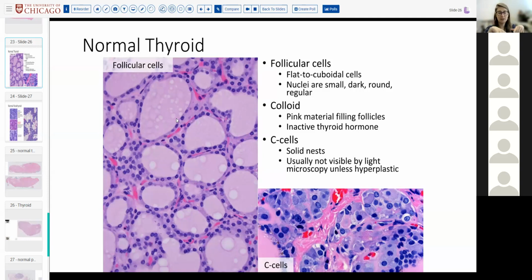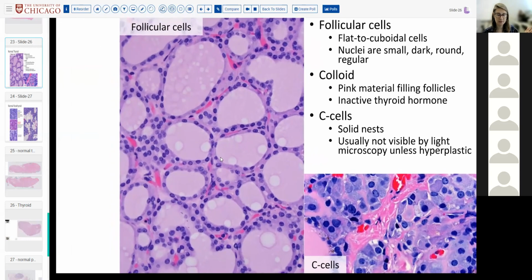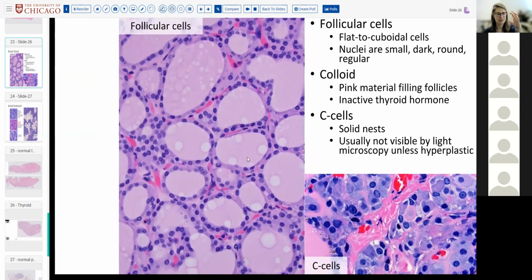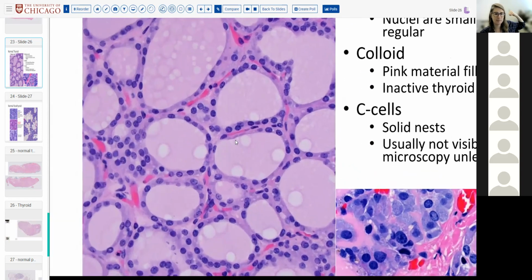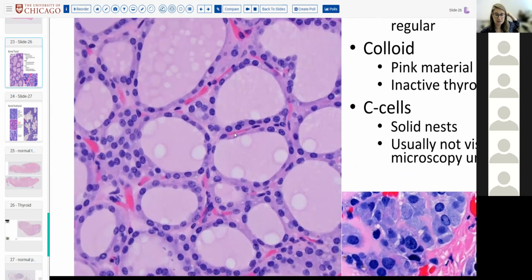So metabolism and serum calcium levels. The major component are the thyroid follicular cells, which are big balloons that contain colloid, which is the inactive thyroid hormone. When the thyroid wants to make thyroid hormone, it actively resorbs the colloid into its apical surface, makes thyroid hormone, and spits it out its basal surface into the vessels to circulate throughout the body.